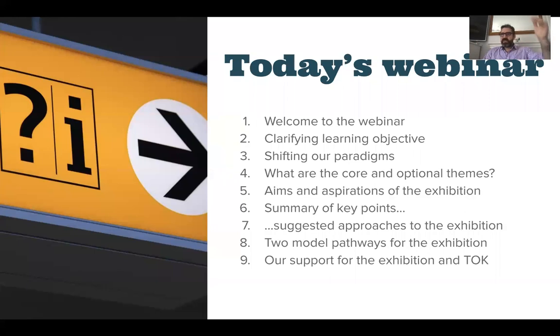The step-by-step guide approach can happen in any order. In reality, we do things in more of an overlapping, messy, chaotic way. But I'll show you two model pathways that may provide some sort of help, at least in using the resources that we produce and the website in order to create the presentation.